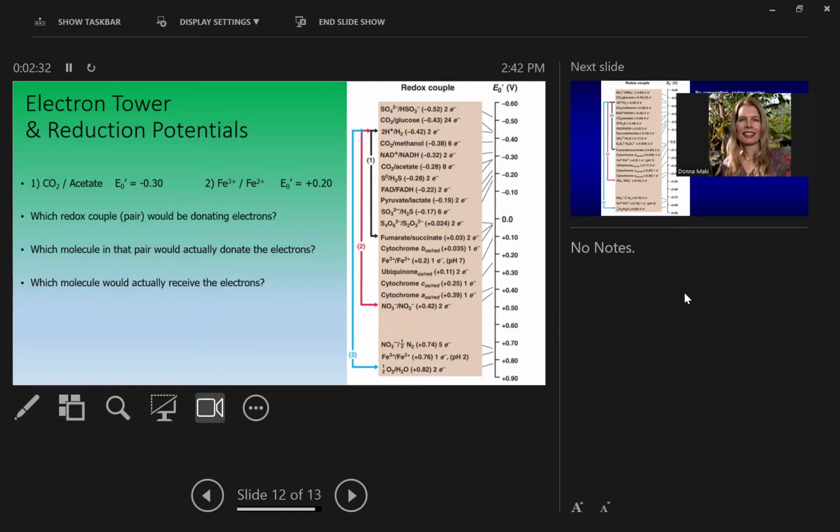One. Why? Because it's negative. Awesome. A negative reduction potential means one of these has to donate. Which one? By convention, the reduced partner is to the right of the slash. So that means it would be carbon dioxide or acetate.